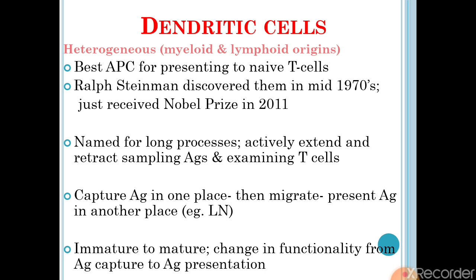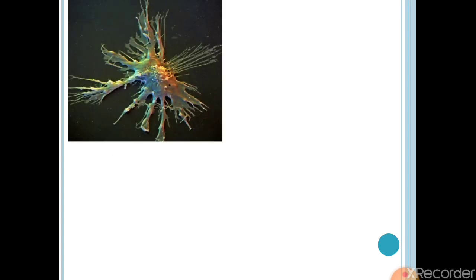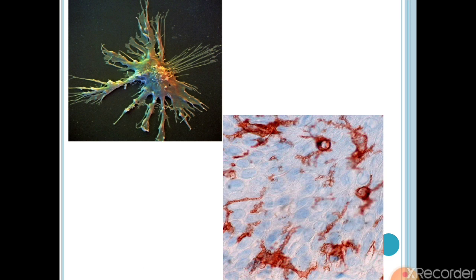So therefore, they are called antigen presenting cells, and they are the best antigen presenting cells. From immature to mature, they change in functionality from antigen capture to antigen presentation. This is the picture of dendritic cell, and this is the slide in which you can see clearly the dendritic cells.